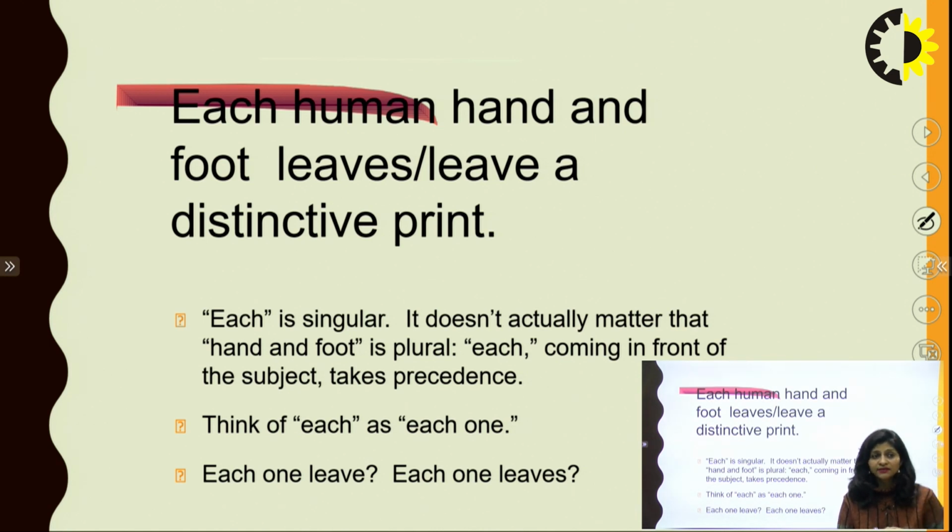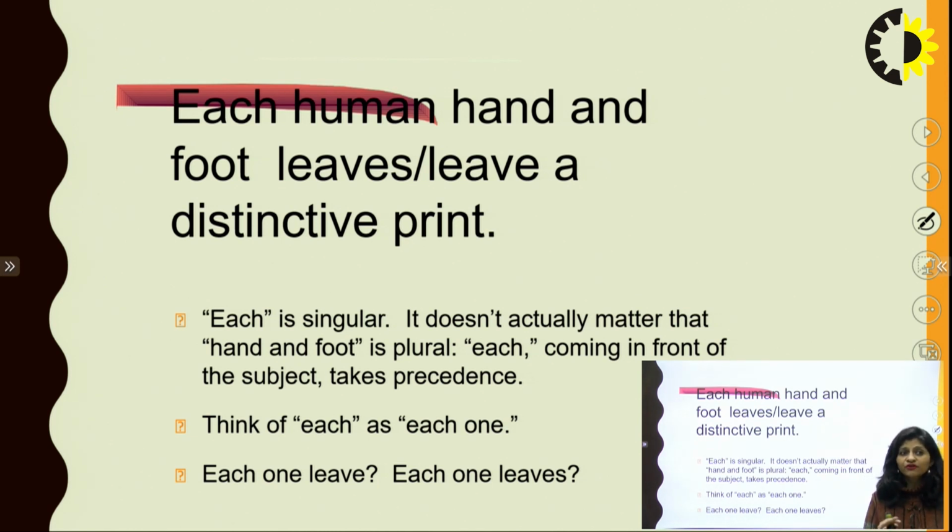Each human hand and foot leaves or leave a distinctive print. So "each" is always considered a singular subject. It doesn't actually matter that "hand and foot" is plural. You just ignore it, because "each" is always considered a singular subject and always used with a singular verb.